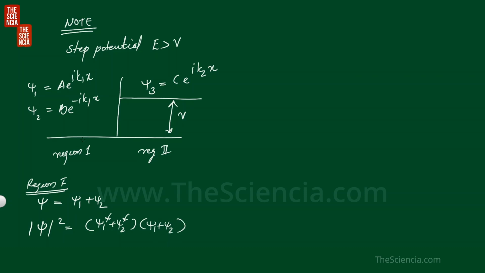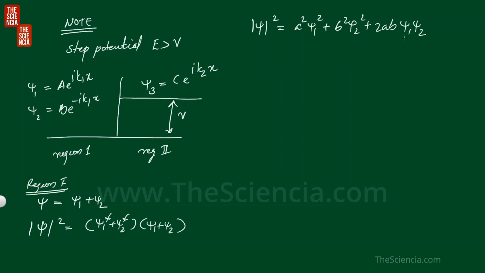So when we substitute these psi 1 values here and find the solution for mod psi square, in region 1 you will obtain mod psi square is equal to some constant: a square psi 1 square plus b square psi 2 square plus 2ab psi 1 psi 2.